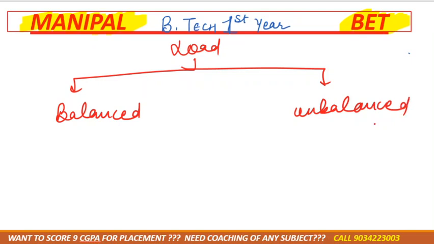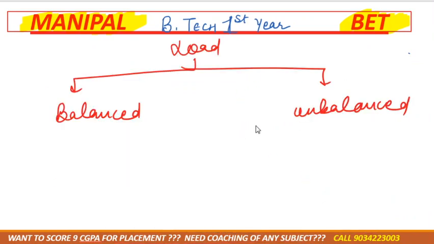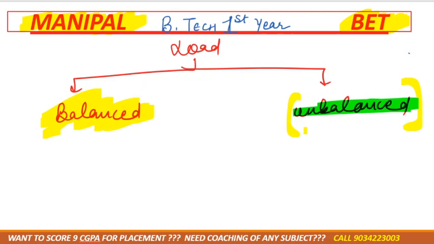In case of balanced load, the winding resistances are equal. If the winding resistances are equal, then the current would also be equal. But in case of unbalanced load, the windings have different resistance, so the current would also be different. First I'm telling you for the balanced load, and then I'll tell you for the unbalanced load, because in your syllabus both cases are there.